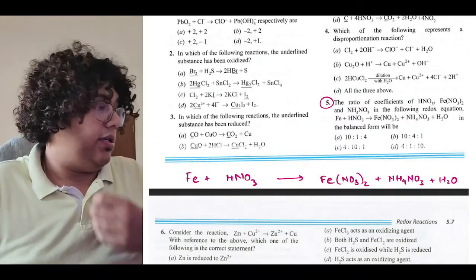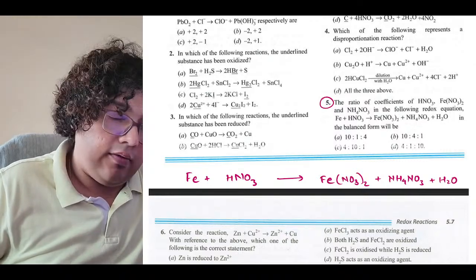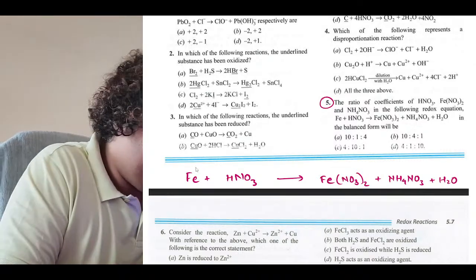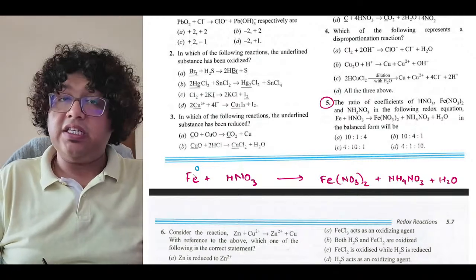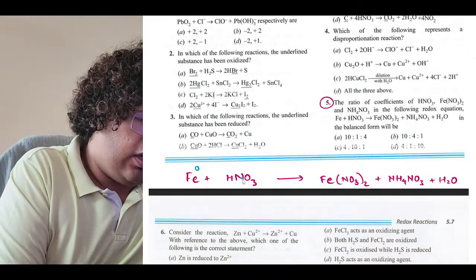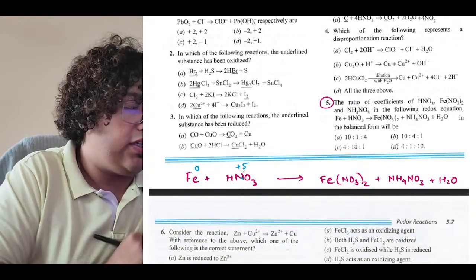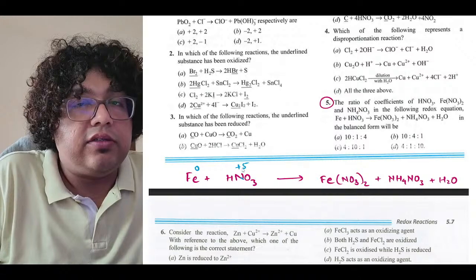Now in this reaction, if you can see it very clearly, what do we have? We have iron in zero oxidation state because it is in elemental form. Then you have HNO3. In HNO3 you have nitrogen in +5 oxidation state. Now it's a very interesting question.